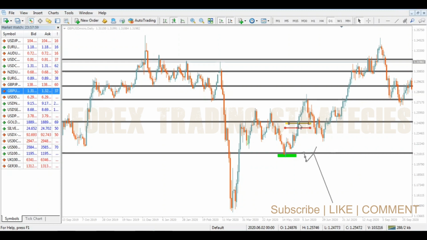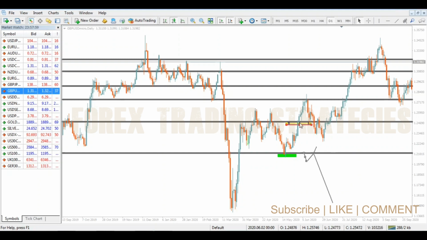As price gets closer, I'm not sure if it's going to break out or bounce back, so I again start moving my stop loss closer. If it drops and takes out my stop loss, it's all fine. I've banked my trade.